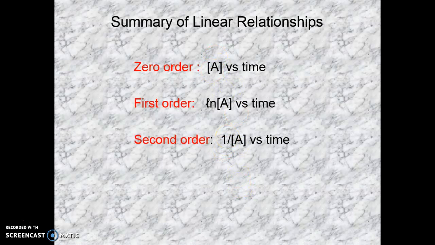So with that data that you collect, you'll have time data and you'll have concentration data. When you graph those in three graphs with these axes, this will help you determine what order reaction it is, because you're going to pick the one that's most linear.